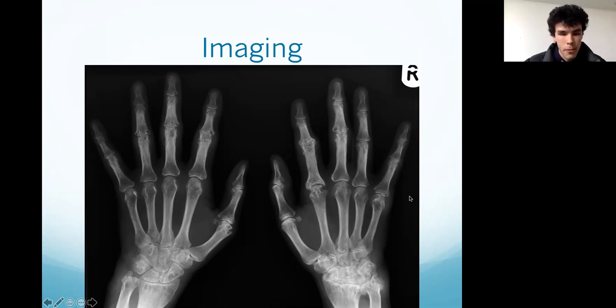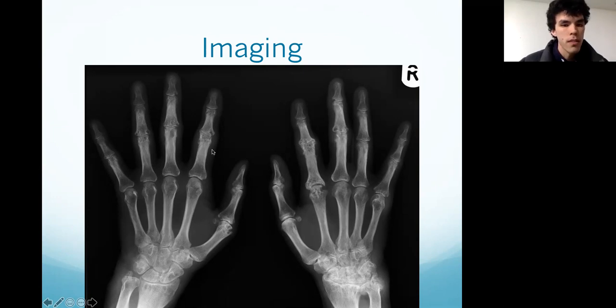There is a mnemonic for these hands as well, which is LOSE. The L is for, again, loss of joint space, which you can see, say, here in the proximal interphalangeal joints. Then we have osteopenia. You can think of it as the bone looking paler, essentially, because we're losing bone density near the joints. So things like this or this. This is separate to erosions, because erosions will be happening from the periphery.